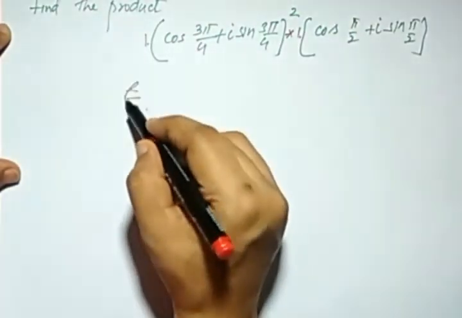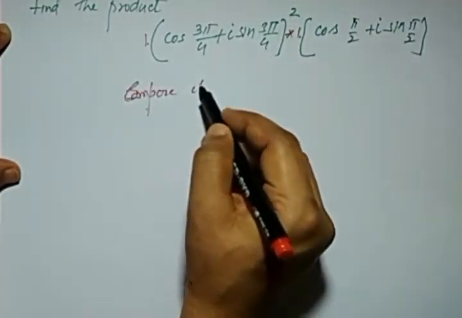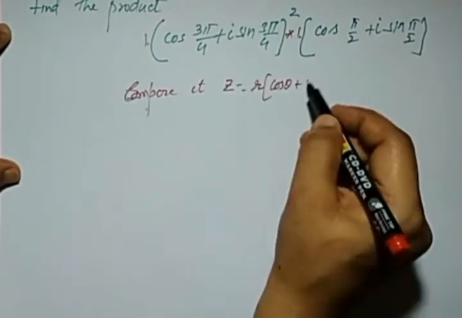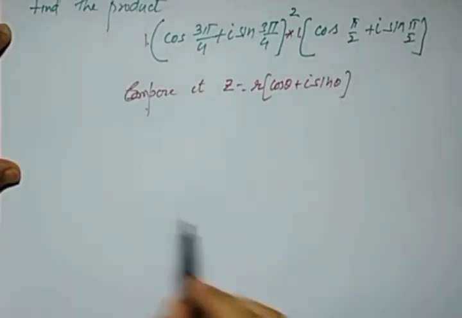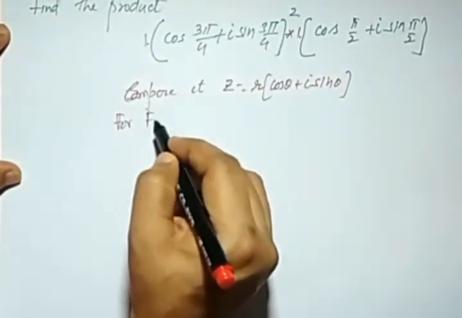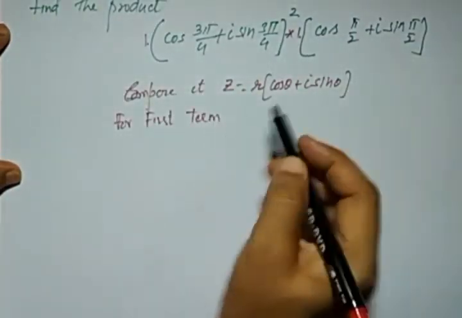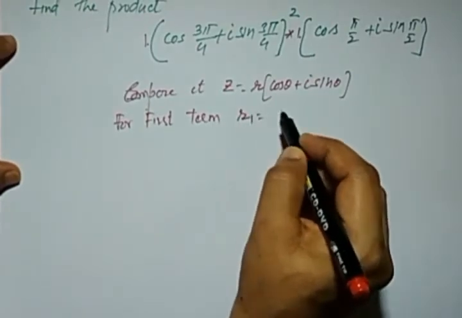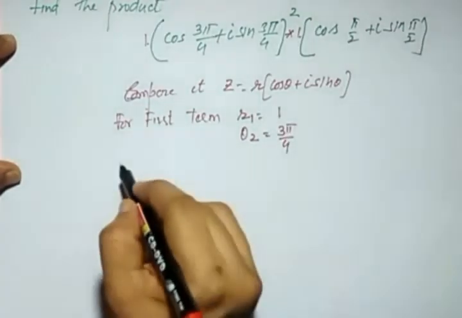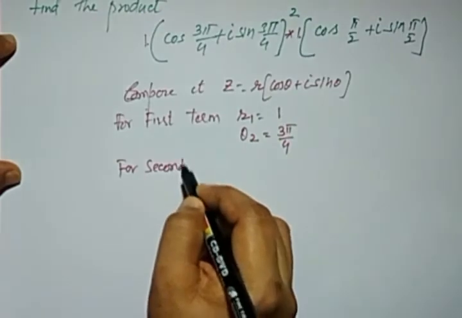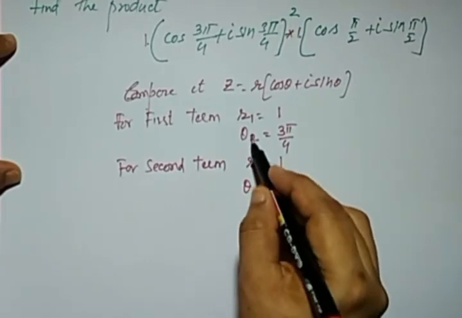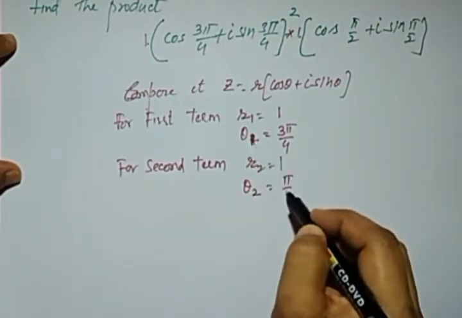If we compare it with z is equal to r cos theta plus i sine theta, then for the first term, r1 is equal to 1 and theta 1 is equal to 3 pi by 4. For the second term, r2 is equal to 1 and theta 2 is pi by 2.